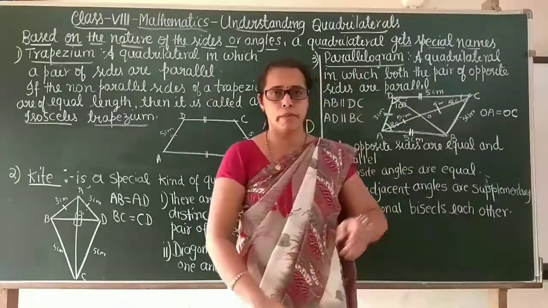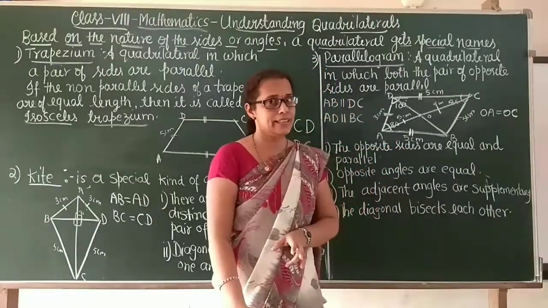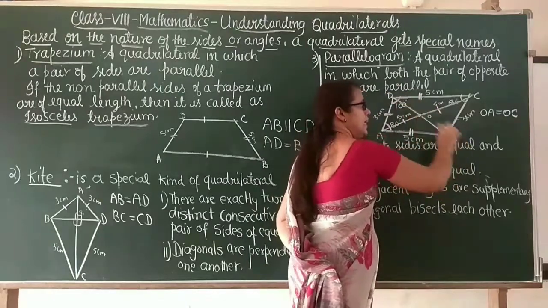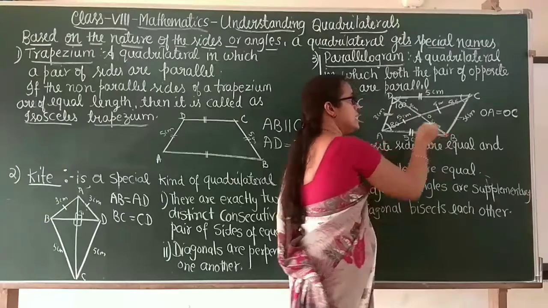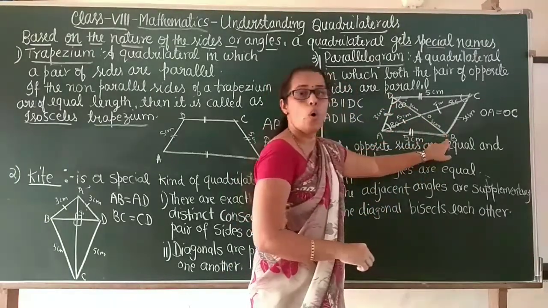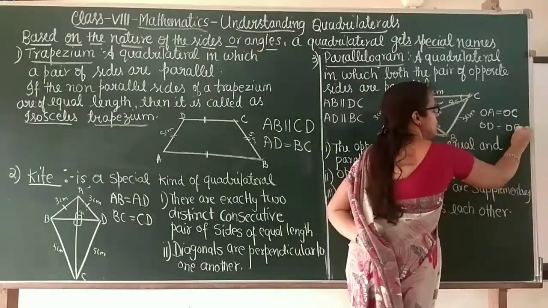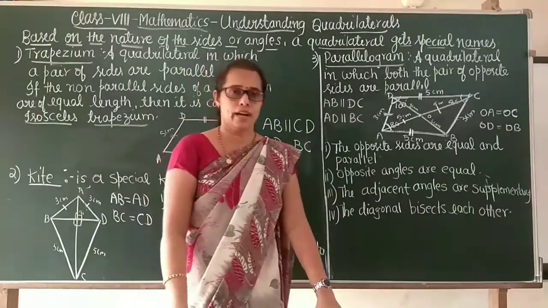Exactly cut in the middle means each half is 5 centimeter in length. Even if BD is 6 centimeter, this is 3 centimeter and this is also 3 centimeter. That means OD is equal to OB. So diagonals bisect each other in a parallelogram.